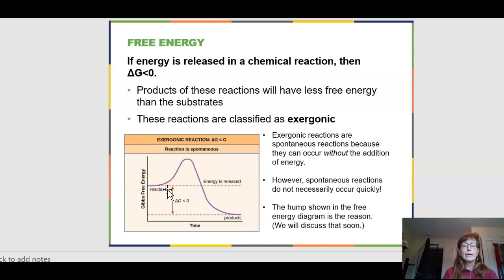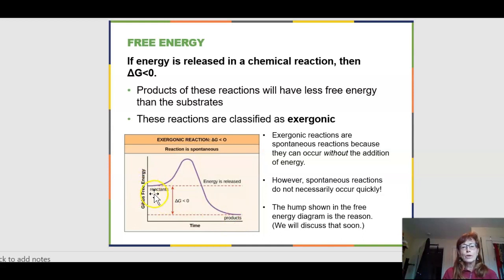Now in biology, we frequently use the term substrates, and that's really referring to the reactants, the things that are going into a reaction. So the reactants have a higher energy potential, as you can see here on this graph; they have more energy than their products.